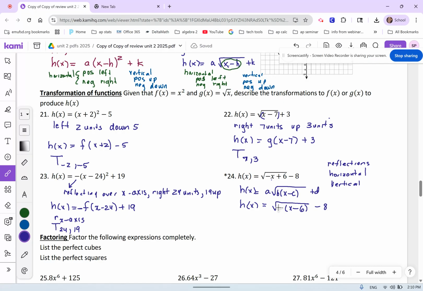So when the negative is under the radical, that's like the input into the function, what happens is you're reflecting, but you're reflecting horizontally. So reflect over the y-axis, then you're doing the horizontal motion, then shift right 6 units.